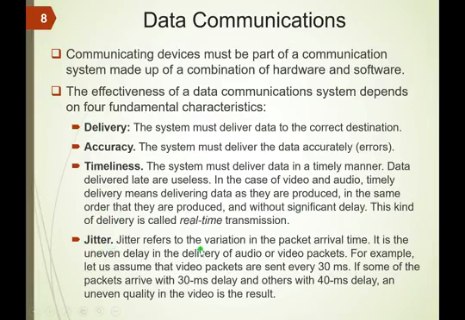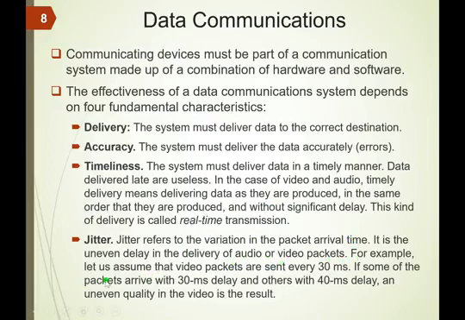Jitter refers to a variation in the packet arrival time. Some packets may arrive on time, some may arrive later, some may arrive faster. This is called jitter. It is an uneven delay in the delivery of audio or video packets.